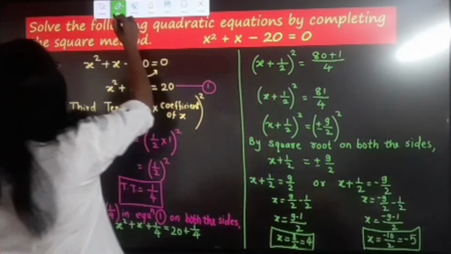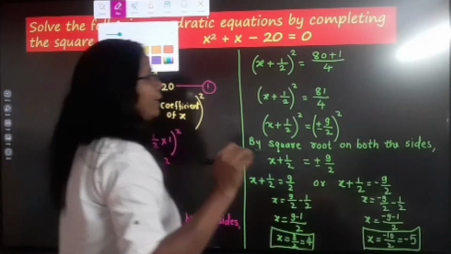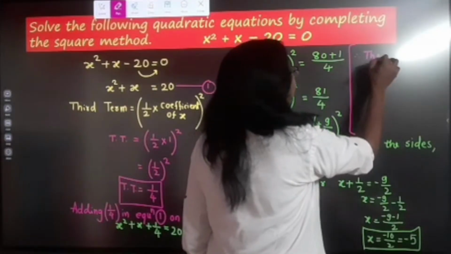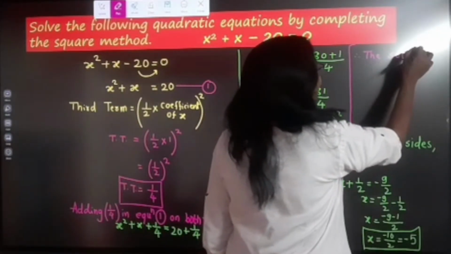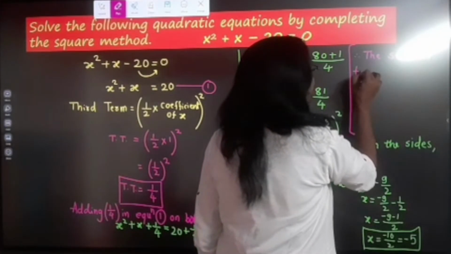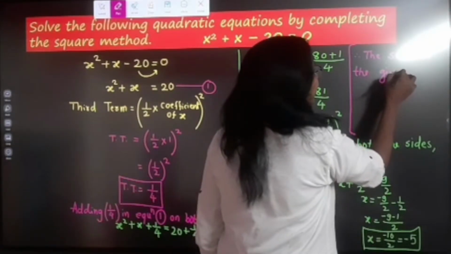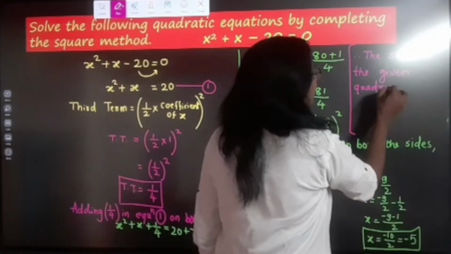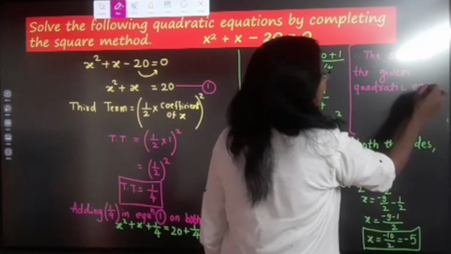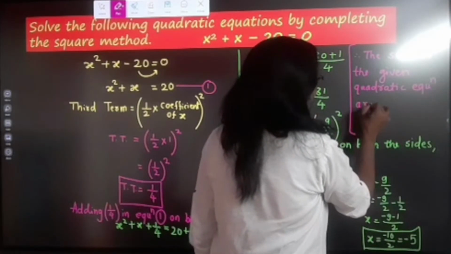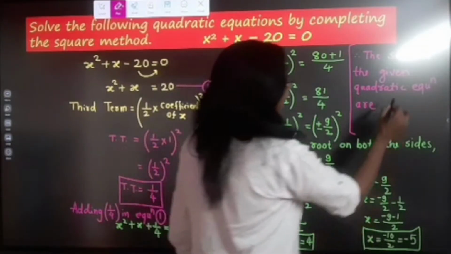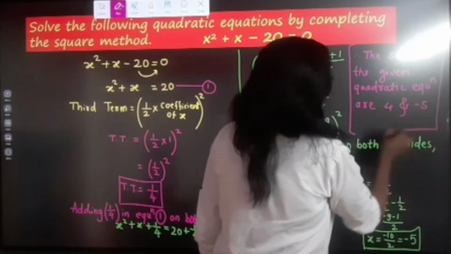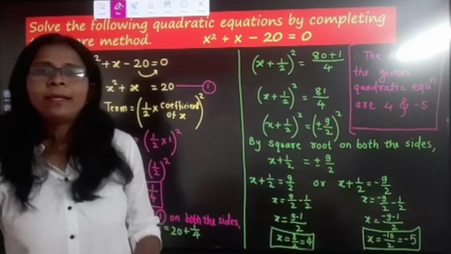So I write here the last statement: therefore, the solutions of the given quadratic equation are 4 and minus 5. So this is our last statement.